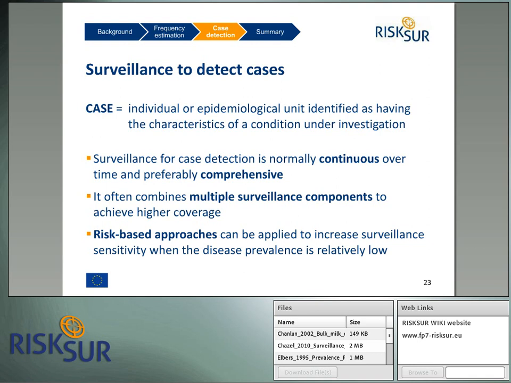To achieve a higher coverage, it often involves multiple surveillance components. And when the prevalence of disease is relatively low, for example, after a successful disease control program has been in place for several years, risk-based approaches can be applied to improve the efficiency of case-finding surveillance. This, as already mentioned, involves the identification of subpopulations at higher risk of being infected and/or detected, where surveillance activity can be focused in order to increase the chance of detecting cases.